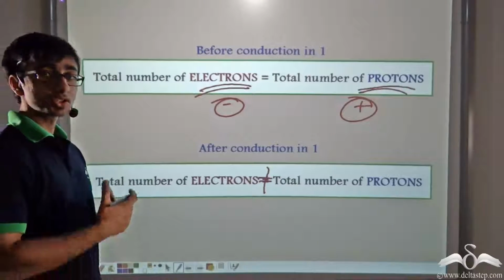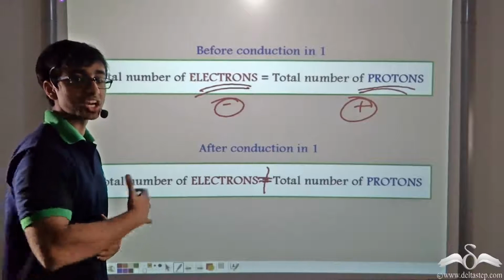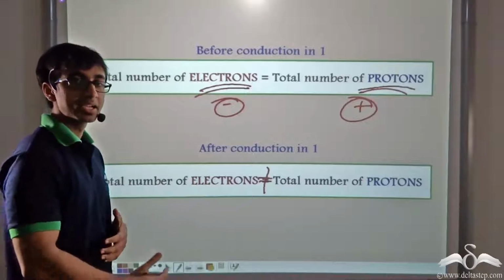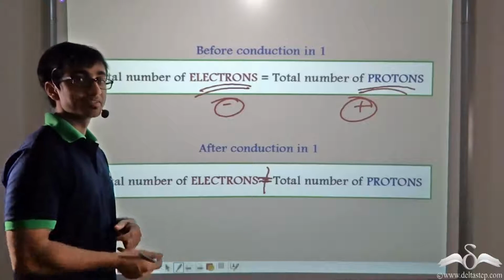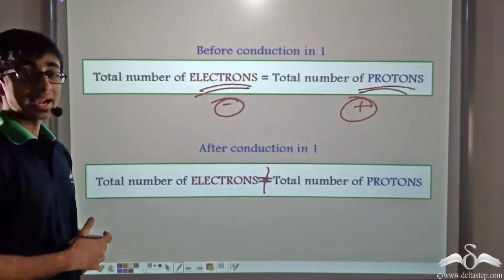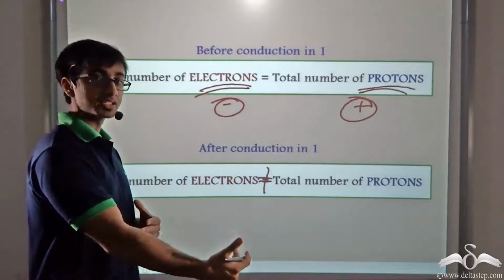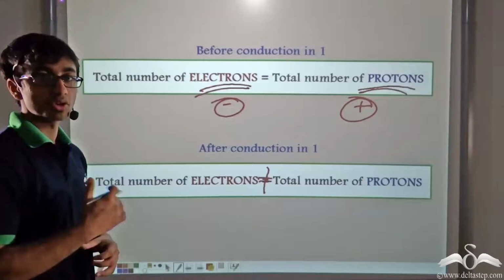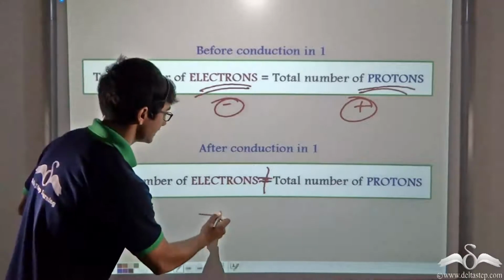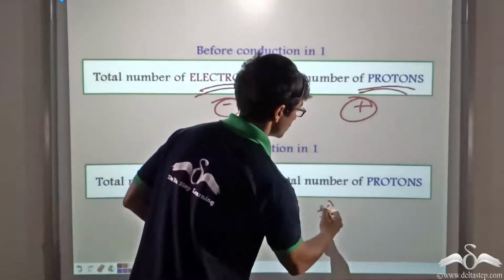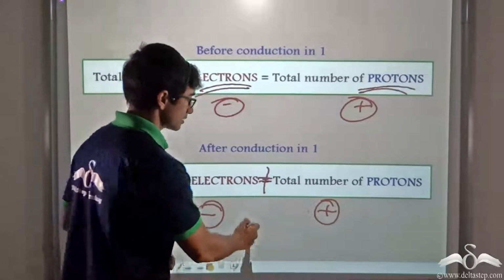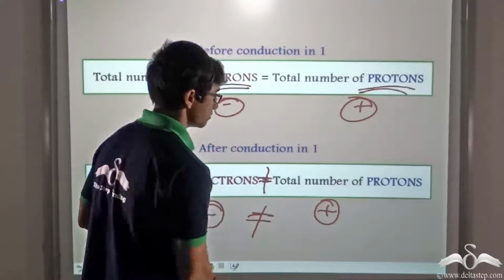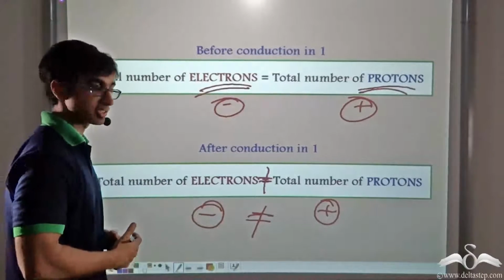Why? Because in this case there was an actual transfer of charges. Electrons were moving from the rod to the conductor if the rod was negatively charged, and electrons were moving from the conductor to the rod if the rod was positively charged. So the electrons and protons, that is negatively charged and positively charged particles, were not equal in number after the conduction process.